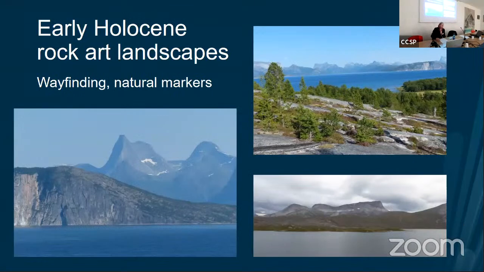And if we look now at where the early Holocene rock art is located, we can see that it is very often associated with quite spectacular landscapes. Now, ethnographic examples of hunter-gatherers moving into new and unknown territory suggest that wayfinding is very often based on very prominent natural landscape features.